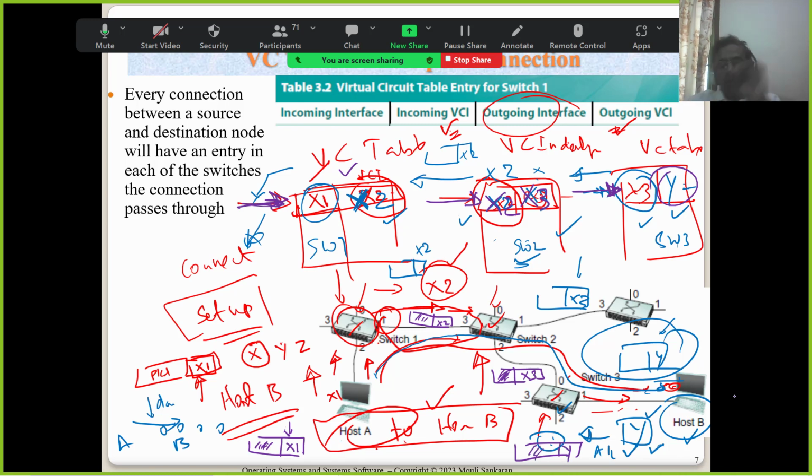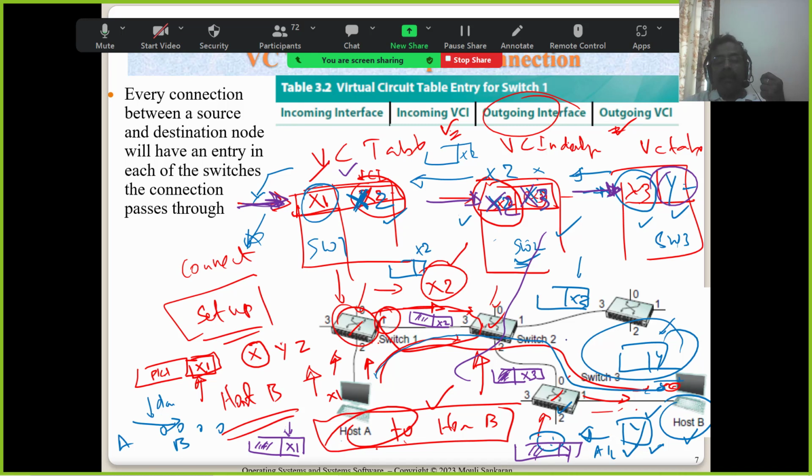So it goes there. Now effectively what I am trying to tell you is, each switch maintains one entry in the virtual circuit table to indicate a particular connection going through it. Why is it done this way? That can be elaborated in a long discussion.